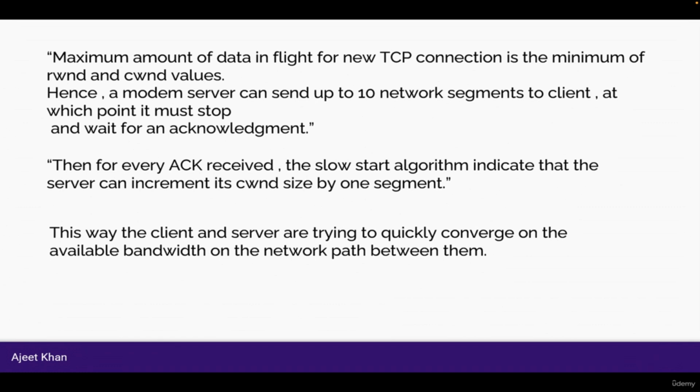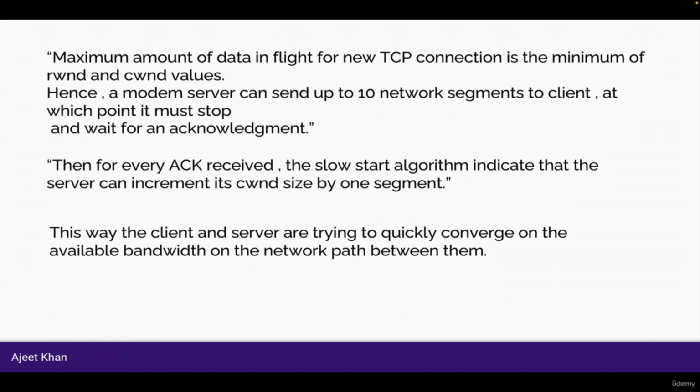In simple words, this is like when you are watching a movie. The server can start streaming with low quality video, and based on the acknowledgement it receives from the client, whose receive window size says it is able to take more packets, the server can increment the CWND value and start sending more packets, gradually increasing the quality of the video.